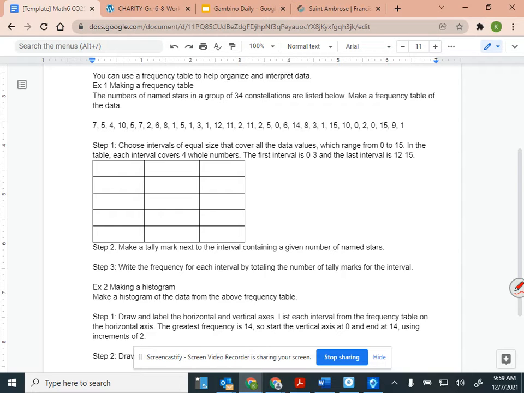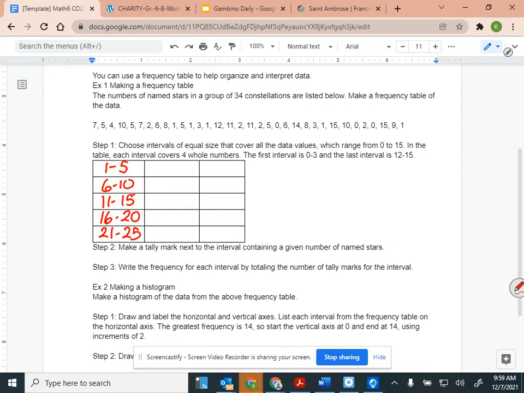We're going to have the intervals of 1 to 5, 6 to 10, 11 to 15, 16 to 20, and 21 to 25.